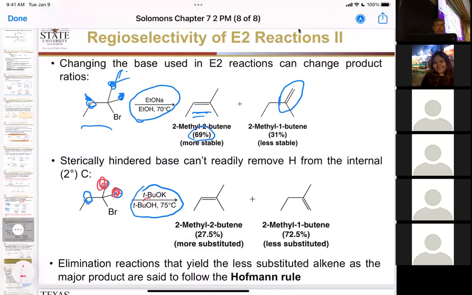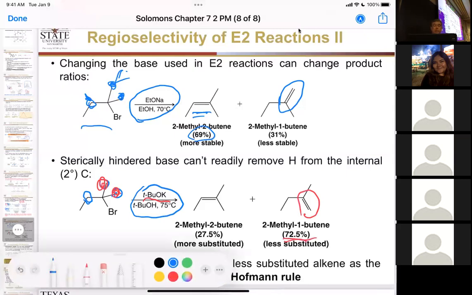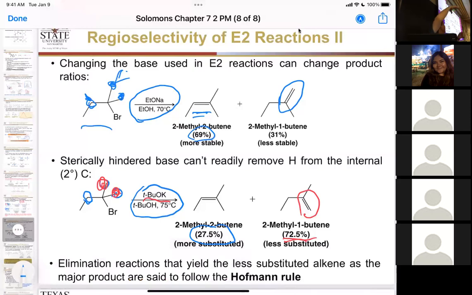So when you see t-butoxide, we knew that it was a big bulky base and it doesn't act as a nucleophile, but it's also going to give us a flip-flop of our products. We're actually going to get the less substituted as our major and our more substituted as our minor, only because the t-butoxide can't reach the hydrogen over here. Okay, does that make sense?